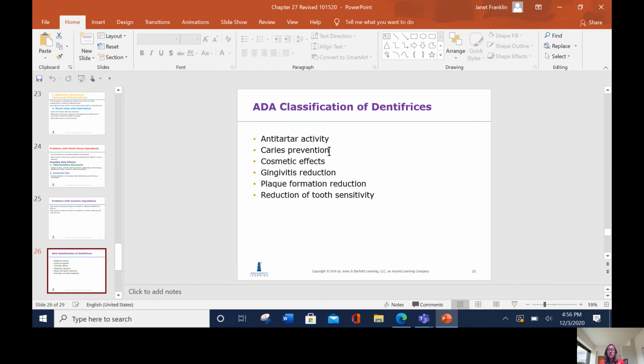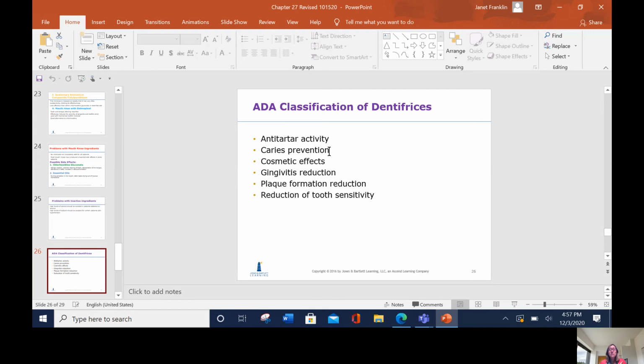Gingivitis reduction: you're going to have toothpaste that have different things to help for gingivitis. Stannous fluoride is now in toothpaste for control of periodontal diseases. Stannous fluoride can also stain teeth, and it also has kind of a bitter taste, so a lot of patients might not like the taste of it. Plaque formation reduction: there's a lot of products like Plax that you may have seen out there.